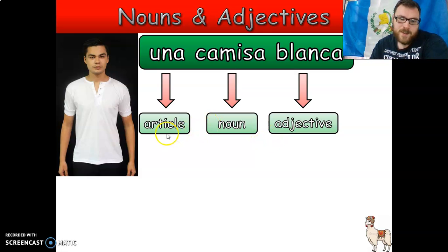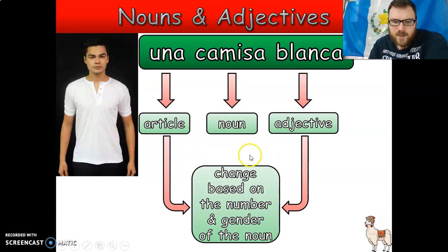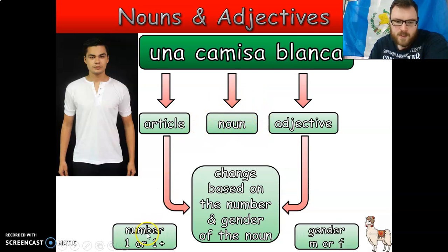Remember that in Spanish, the nouns and adjectives are the opposite of English, usually, not always. So it's a shirt white instead of a white shirt. Article, noun, adjective, not article, adjective, noun. Now, your articles and adjectives change based on the number and gender of the noun: singular or plural, one or more than one, and masculine or feminine.